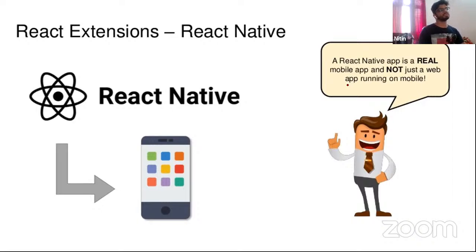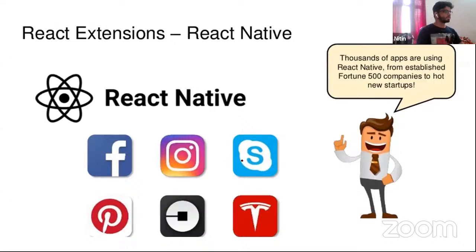That would be the only downside of React Native. As for apps built in React Native, the Facebook app, Instagram, Pinterest, Uber, Skype, and Tesla's apps are written in React Native.